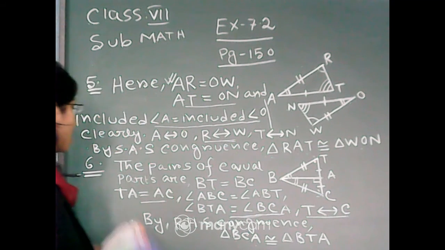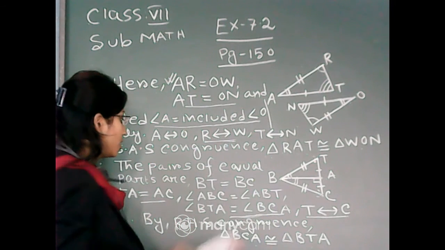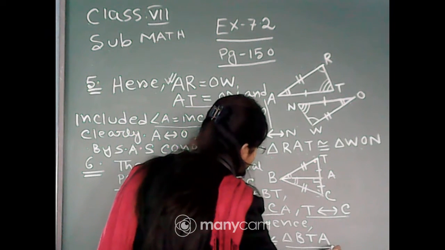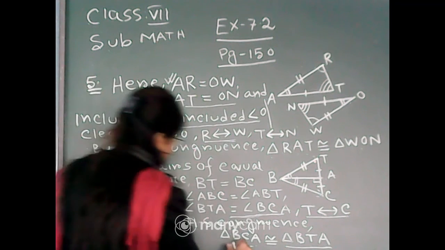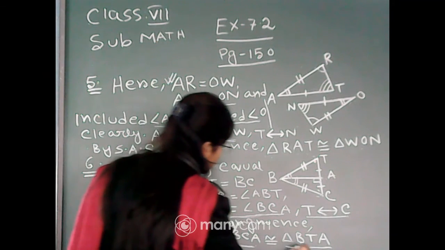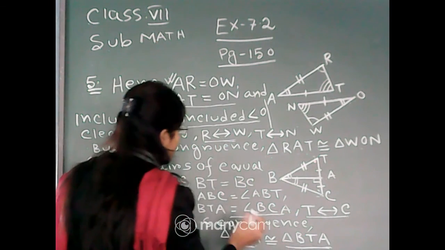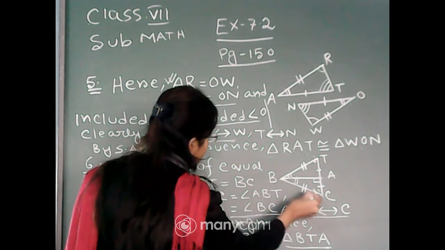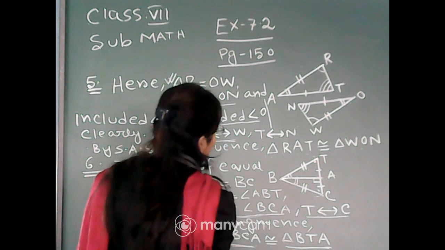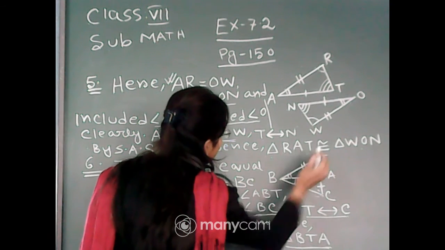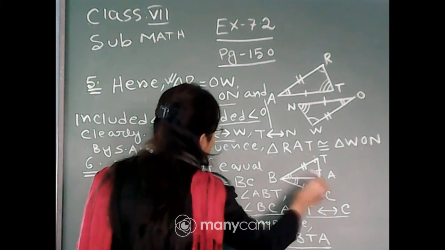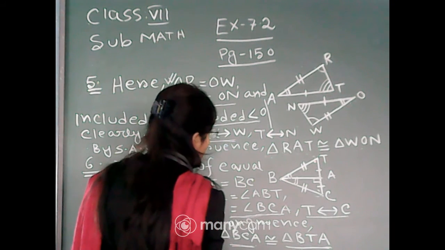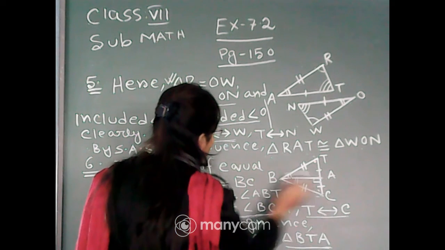So by RHS congruence criterion, triangle BCA is congruent to triangle BTA, since the hypotenuse BT is equal to hypotenuse BC of the triangle ABC, and side AT of the triangle ABT is equal to side AC of the triangle ABC.